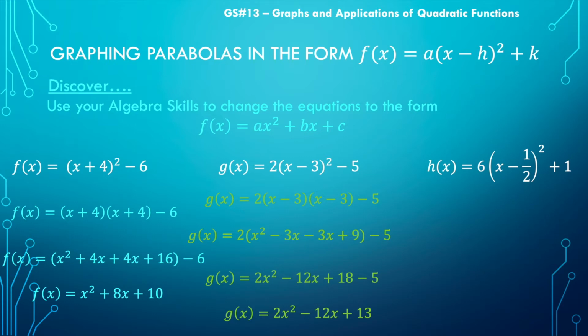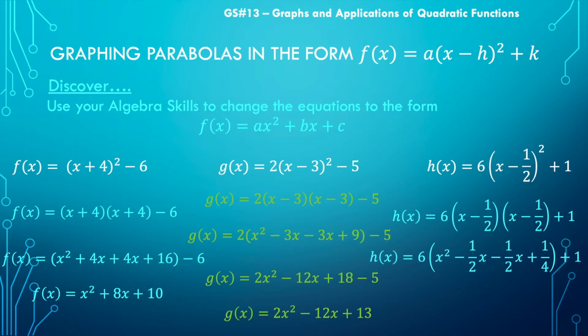Now for h of x, we're just going to take that binomial that's being squared and multiply it out. So 6 times x minus 1/2 times x minus 1/2 plus 1. When I multiply x minus 1/2 times x minus 1/2, we'll get x squared minus half x minus half x plus 1/4. And we're going to multiply that all by 6.